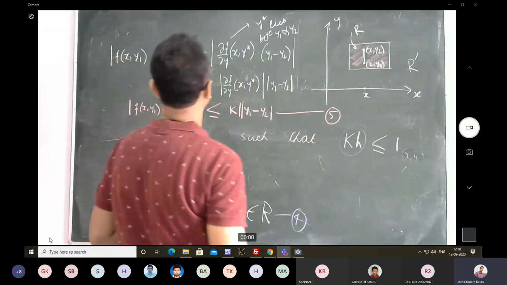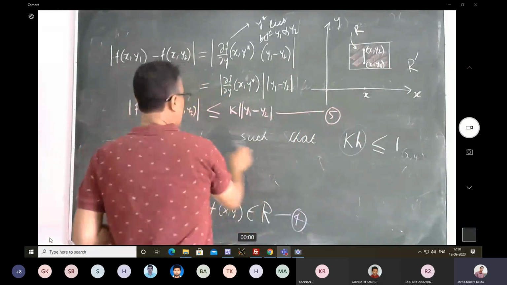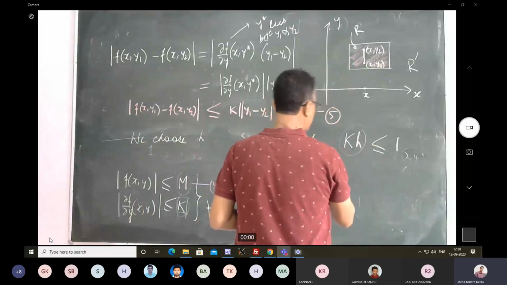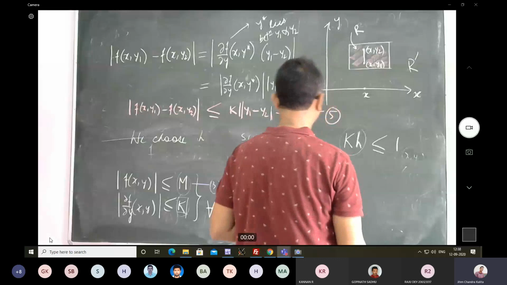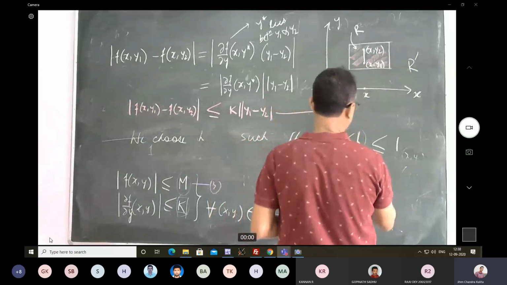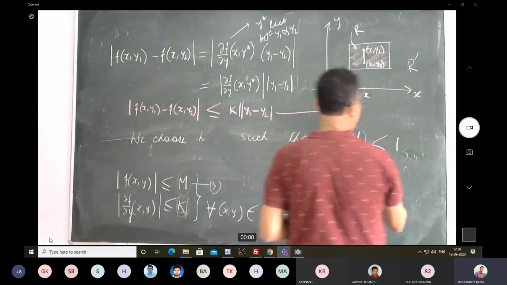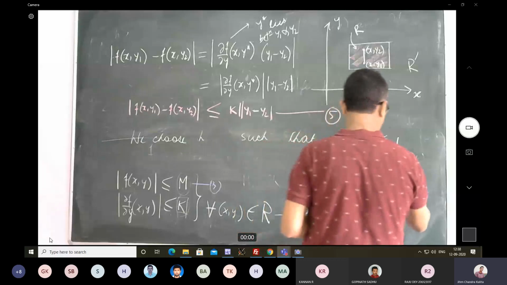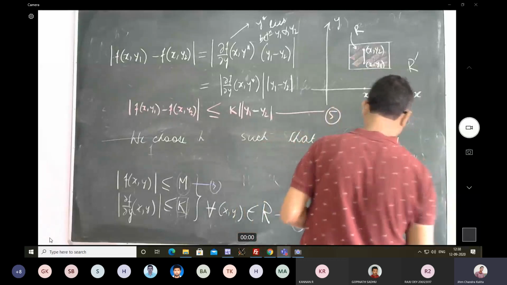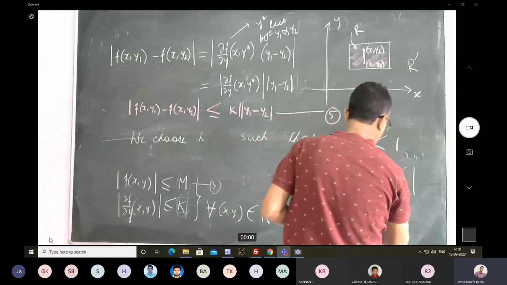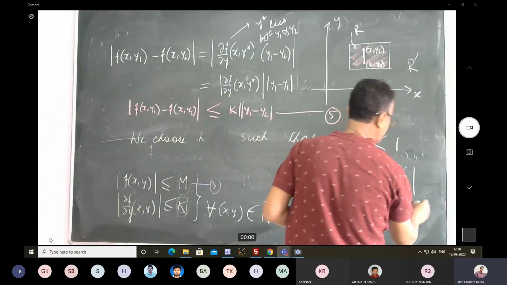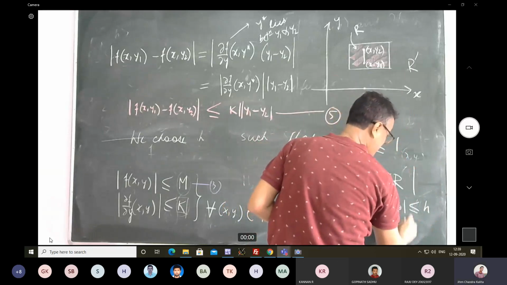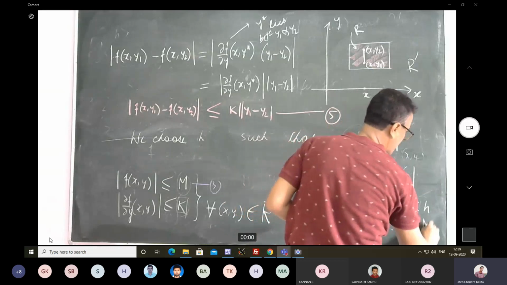After choosing h in this way, we consider this sub-rectangle R prime, the set of (x, y) belonging to R such that the modulus of x minus x naught is less than or equal to h, and this statement that I am going to write down is very crucial.